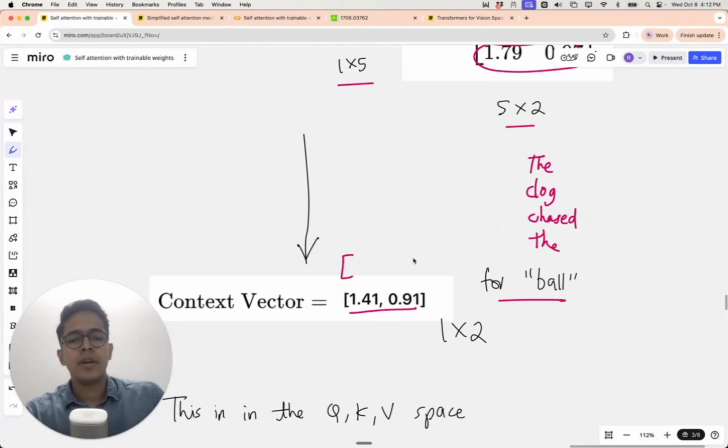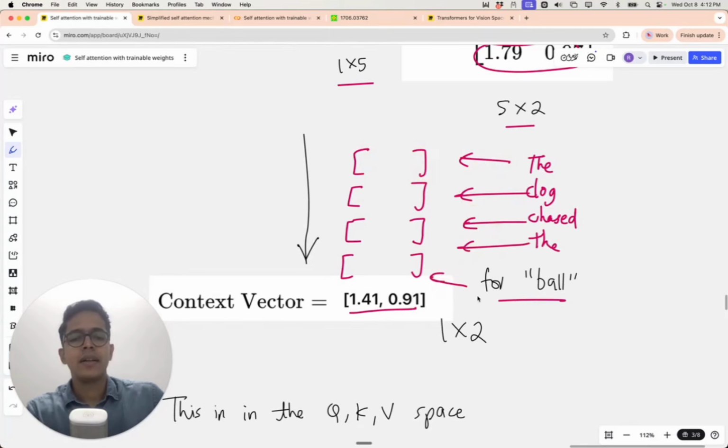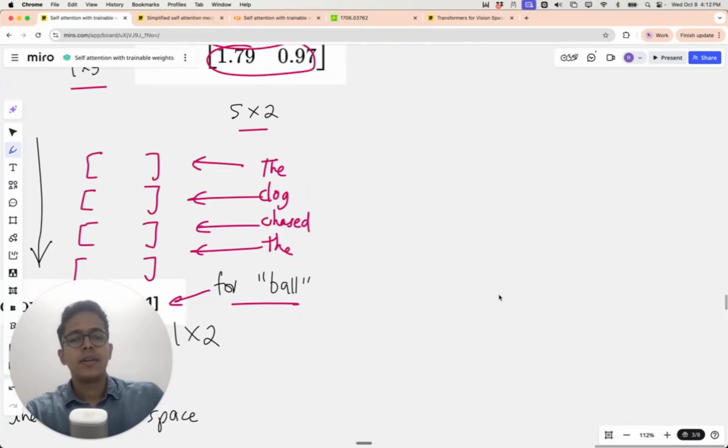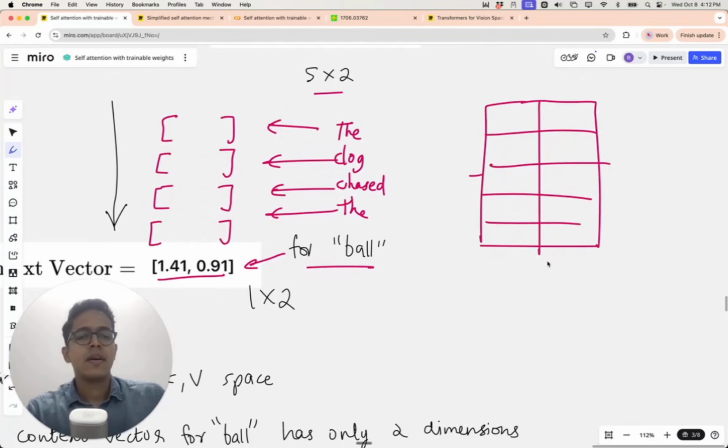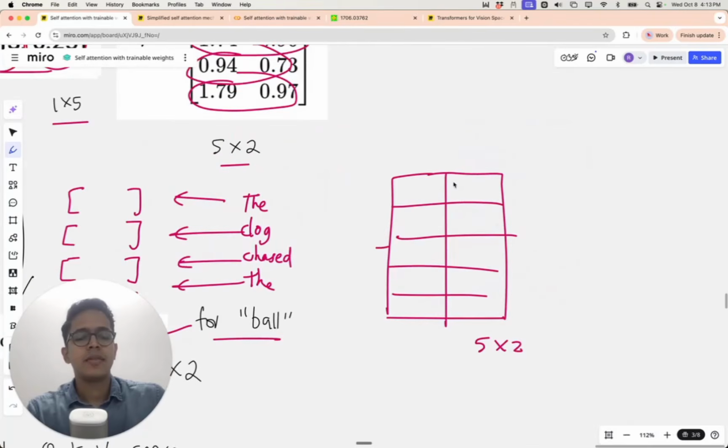So there will be a 1 by 2 for chased, 1 by 2 for dog, and 1 by 2 for each of the others, which means the final matrix that results will be a 5 by 2 matrix, where the first row corresponds to the context vector for the dog, chased, the ball.